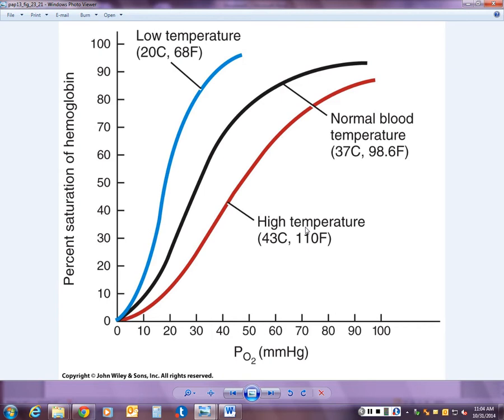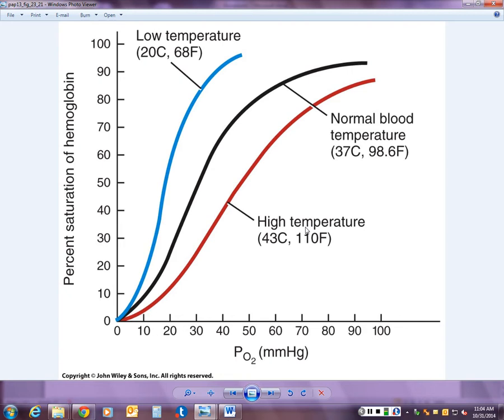So these last three actually have an inverse relationship with affinity. As you increase partial pressure of carbon dioxide, as you increase the amount of acid, or as you increase the amount of heat or temperature, you will see a decrease in hemoglobin's affinity for oxygen.